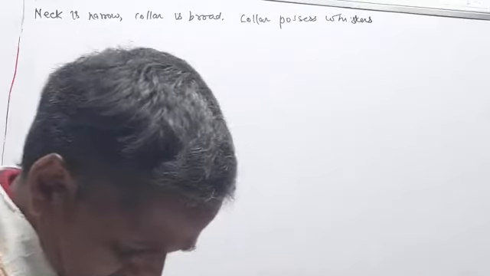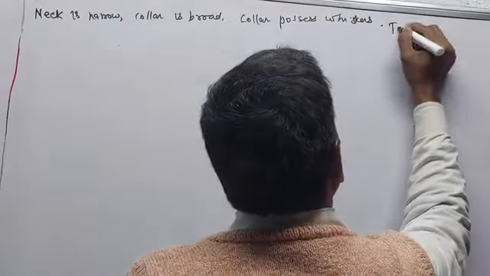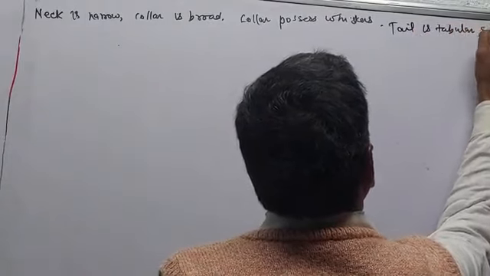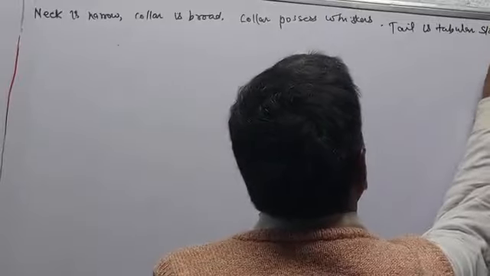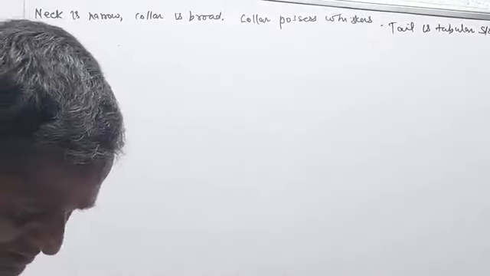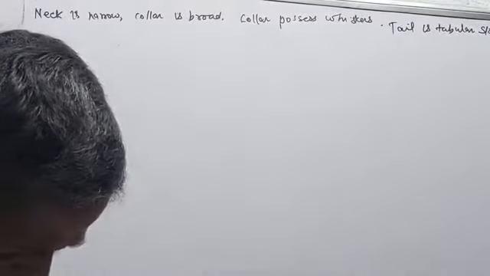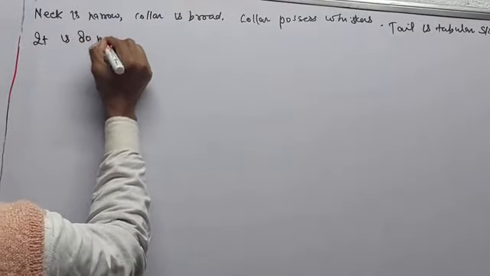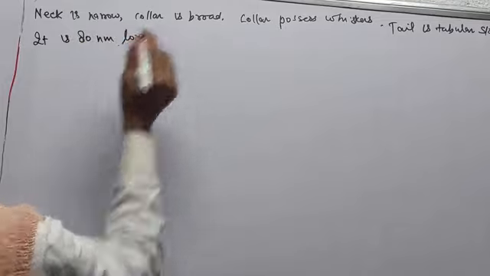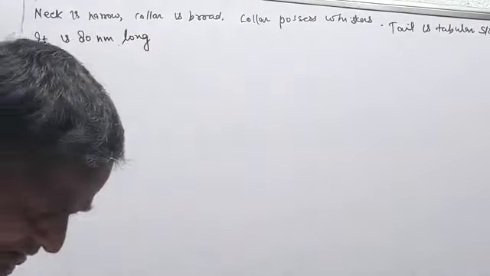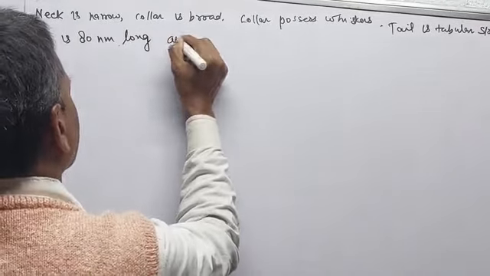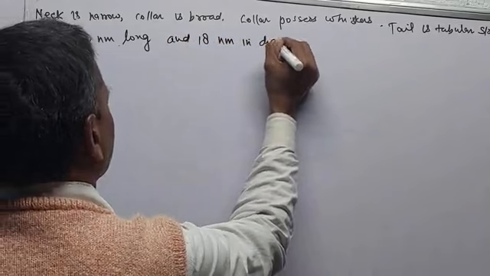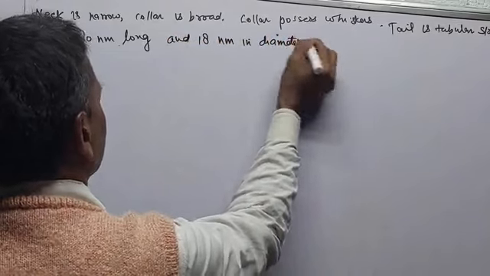The tail is a tubular structure. It is 80 nanometer long and 18 nanometer in diameter.